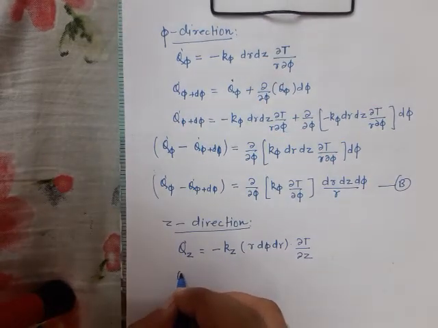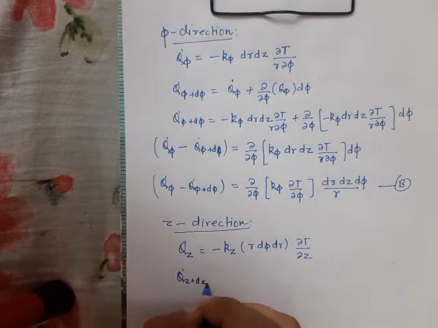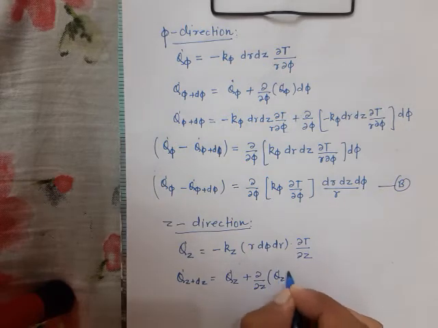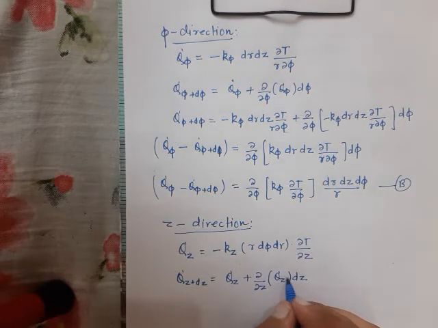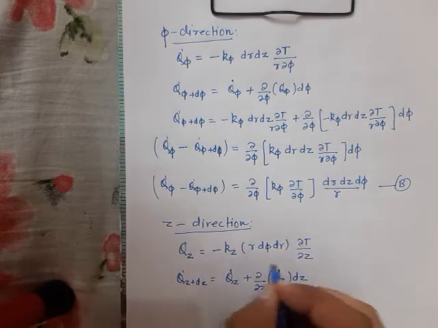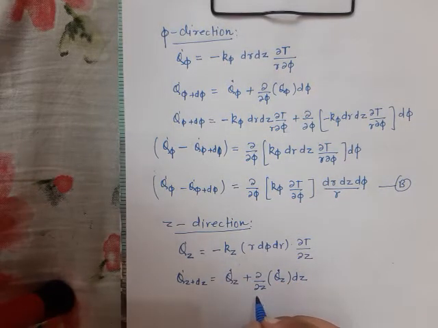Now you can write q_(z+dz) as q_z plus del upon del Z of q_z multiplied by dz. First of all, you just learn to write this equation. This is from Taylor series expansion. You have already learned in the previous classes.